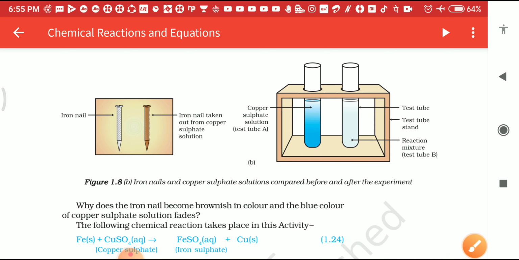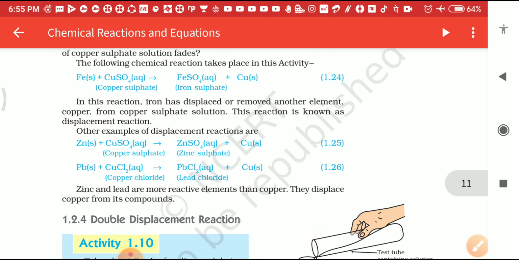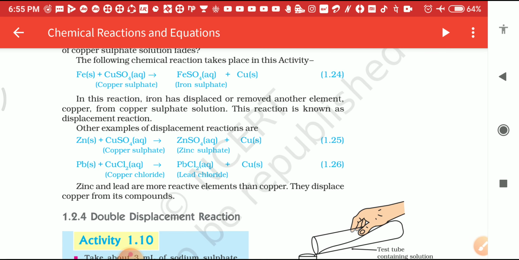What is a displacement reaction? Okay students, let's proceed to other examples. Many examples are given here. Other examples of displacement reactions are zinc plus copper sulfate, which gives zinc sulfate plus copper. Now students, see here zinc is written and here copper is written.